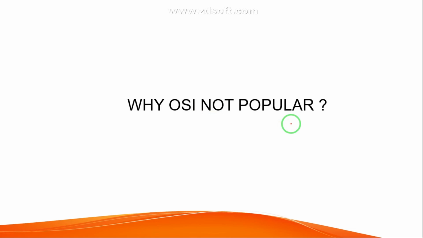Now, this question is not in your syllabus, but still: why is OSI not popular? Why was there a lack of success for the OSI model? There are many reasons, but I am going to discuss only a few.